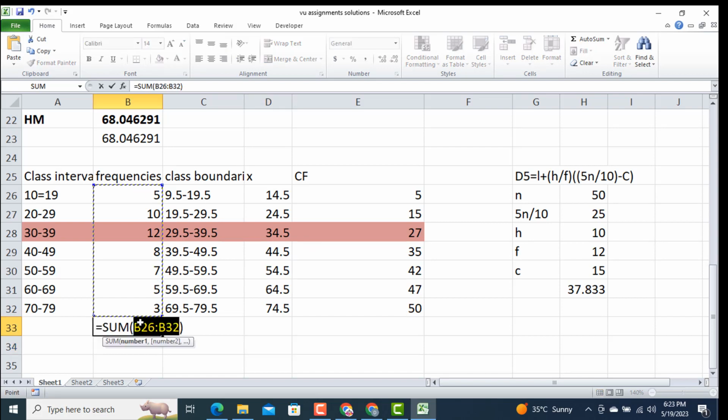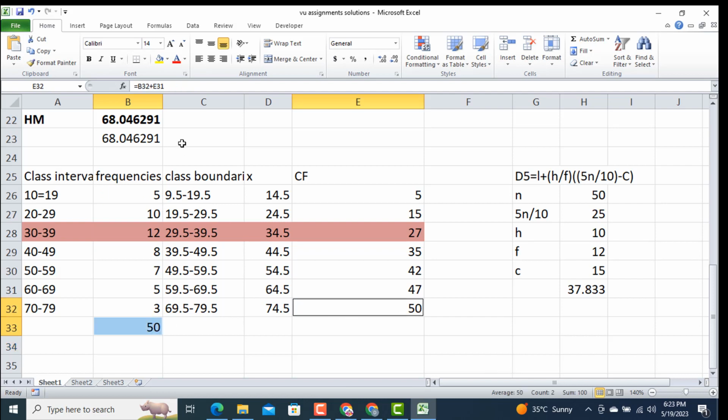I am going to show it here. Look at this 50 and this 50. This is a cross check of your sum of the frequency, because the last value of the cumulative frequency column is always equal to the sum of the frequency column.